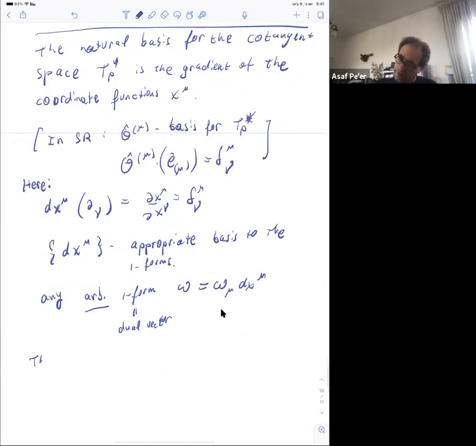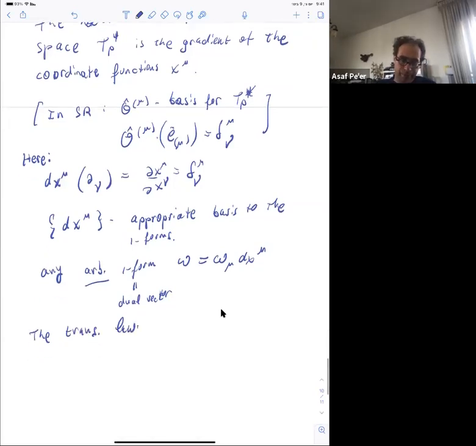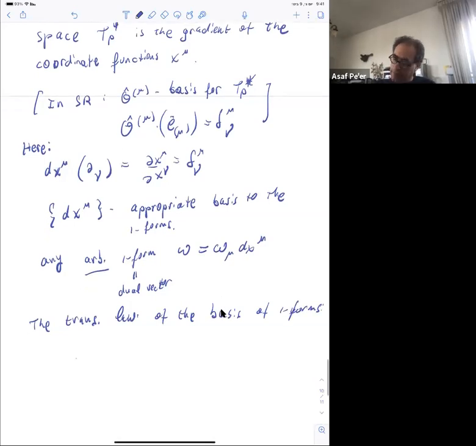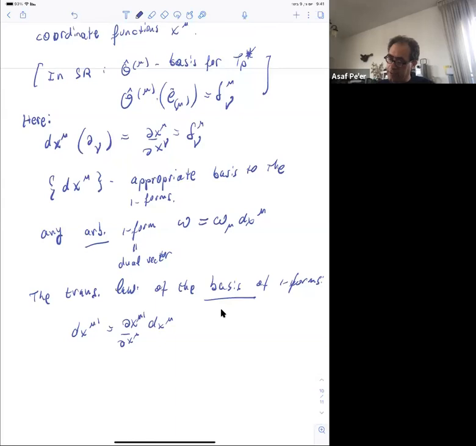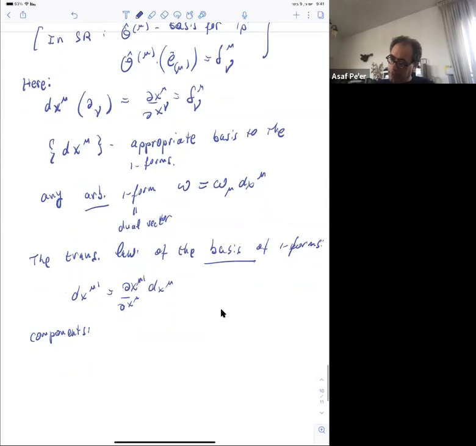For the basis of one forms, dx mu prime is just dx mu prime over dx mu times dx mu. For the components, it's exactly the opposite: omega mu prime is just dx mu over dx mu prime times omega mu.